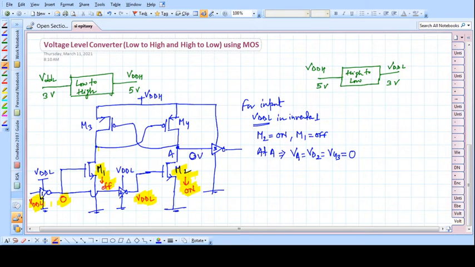So the corresponding output, now that we are giving the VDD-H through this inverter, with 0 at its input, this output voltage will be VDD-H. Is it clear or not?